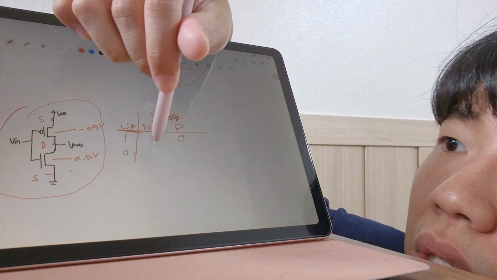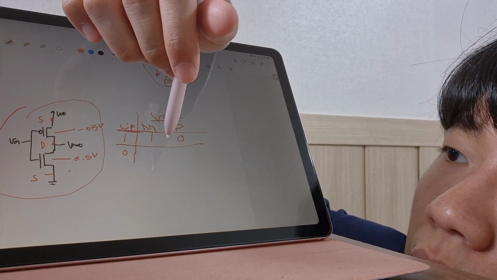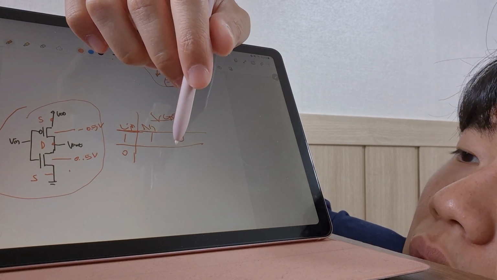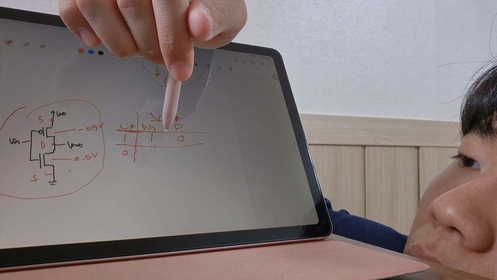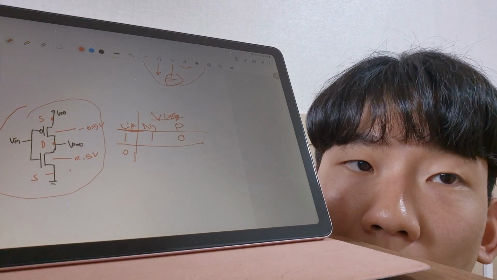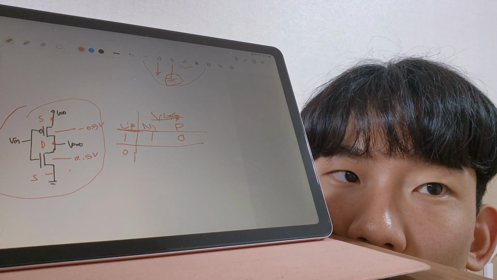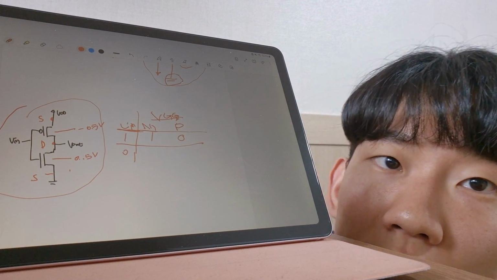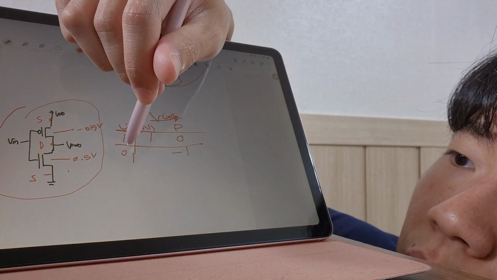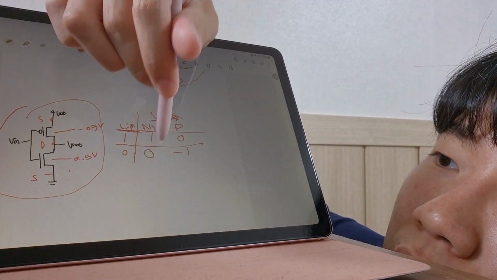And when the input voltage is 0, for the PMOS VG is 0 and the source is VDD, so VGS is minus 1, and for the NMOS it is 0 minus 0, so this is 0.